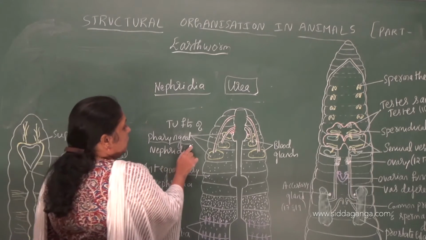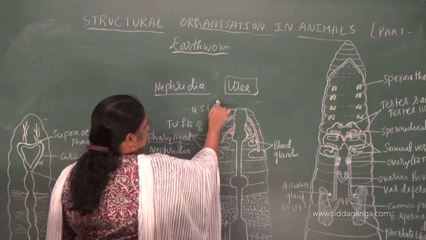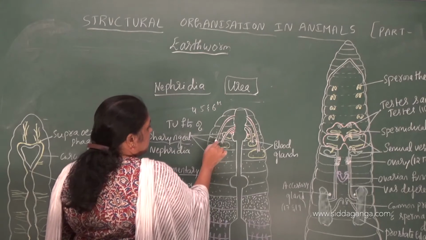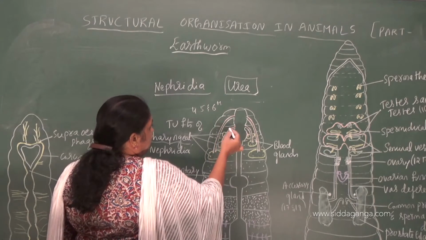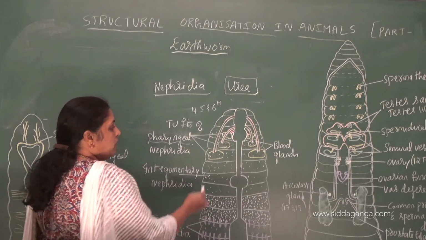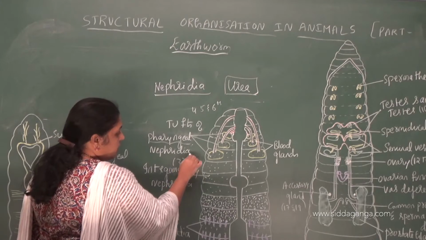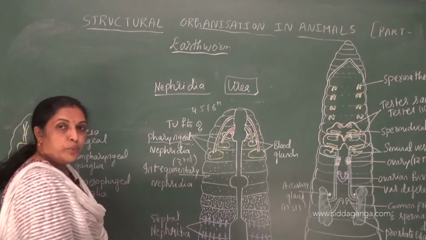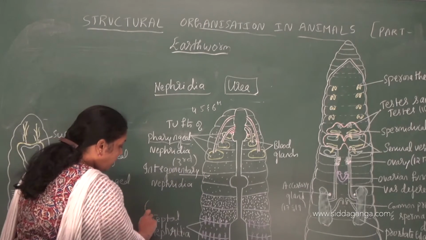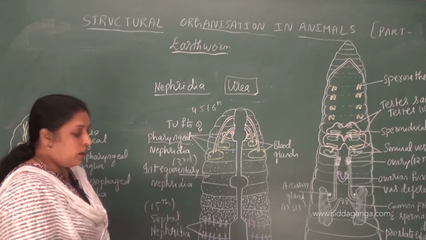Pharyngeal nephridia are present in the 4th, 5th and 6th segments. Integumentary nephridia are seen from the 3rd segment till the end, and septal nephridia from the 15th segment till the end.